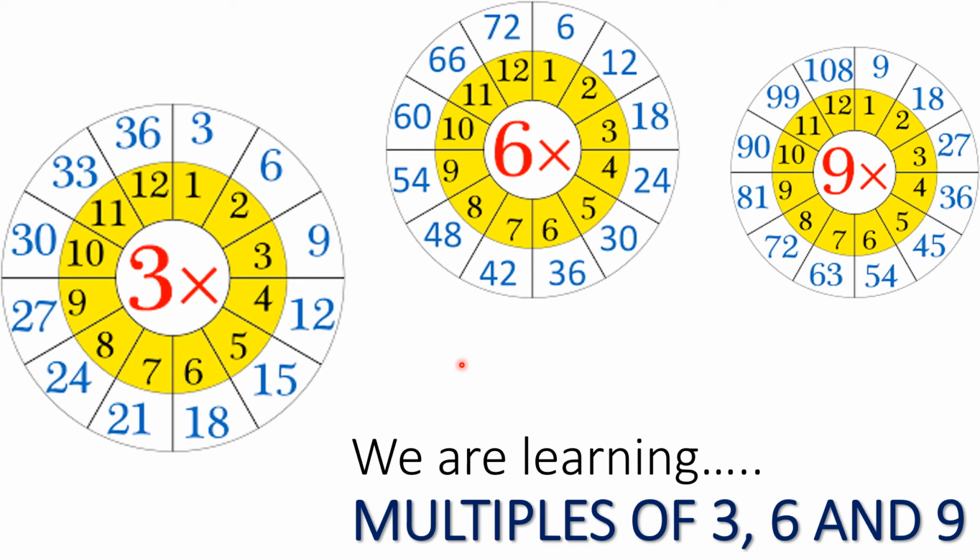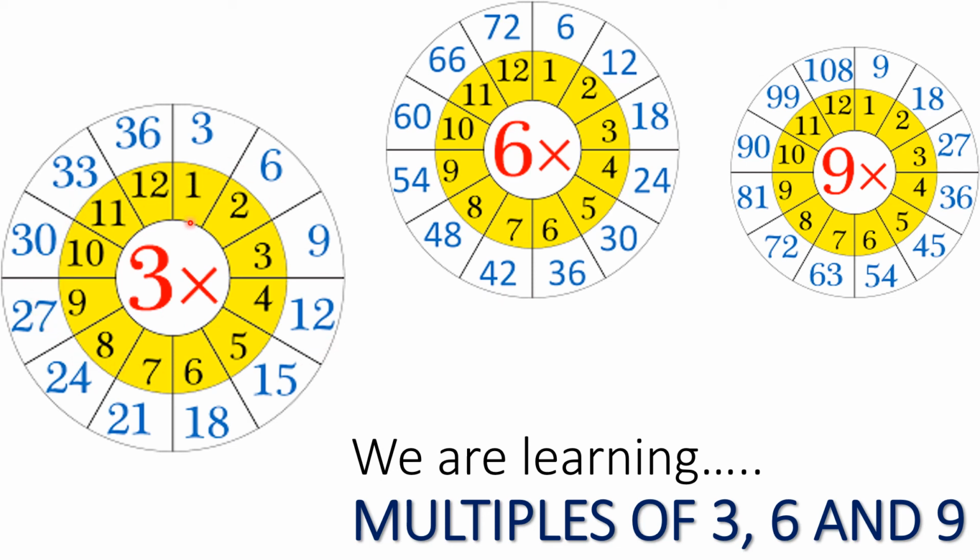Do you see that all these numbers, and this one, do you see this one? They are double of the 3 times table. Just like the 2 and 4 times table, the multiples of 6 are double the multiples of 3.